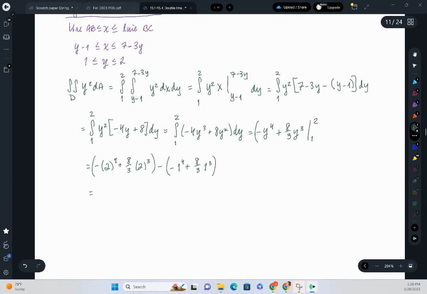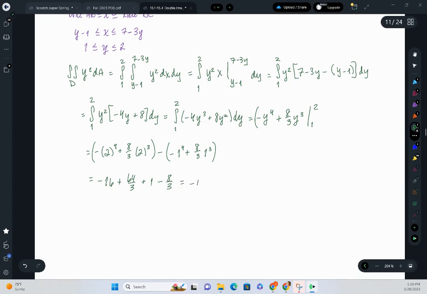So the first one, 2 to the 4th is 2, 4, 8, 16. So negative 16 plus 2 cubed is 8. 8 times 8 is 64 over 3. Minus, it looks like those ones aren't going to make any change, so I'll go ahead and distribute. I have minus a negative 1 for plus 1, and then minus 8 thirds.